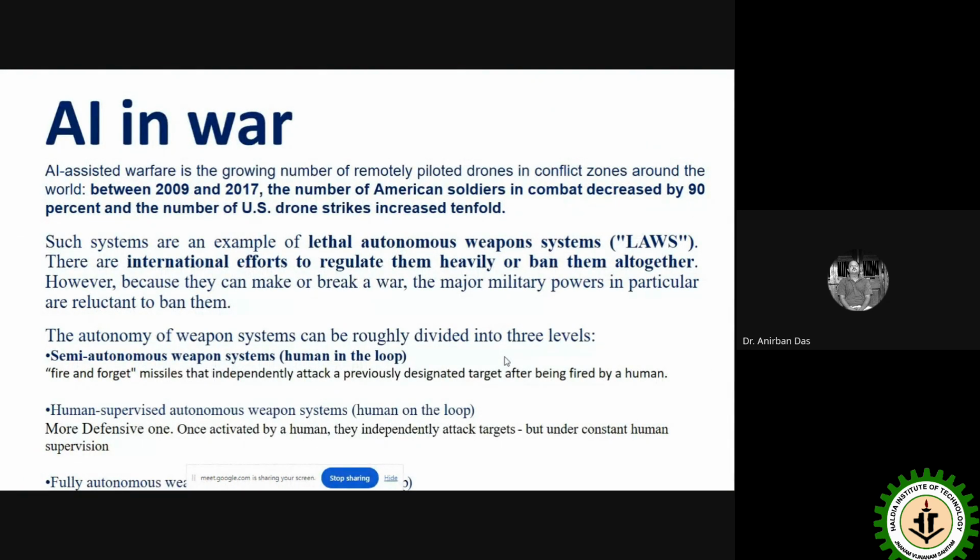So let me tell you, there are weapons, might be projectile weapons, which are of three categories basically. One is human-driven, the semi-autonomous weapon system. Another is human-supervised, not exactly driven, but overall supervision will be there. And some will be fully autonomous, where human interaction is almost zero, and it will decide as per the data that is fed, with very little control or interaction of humans.